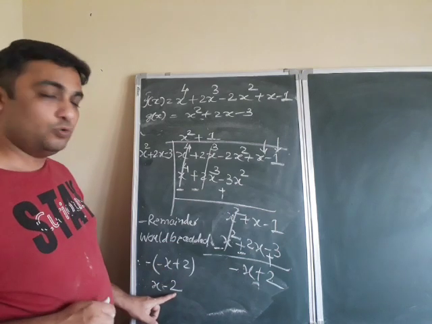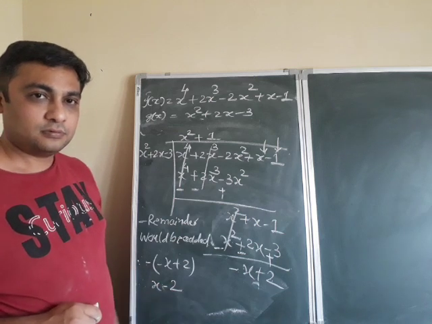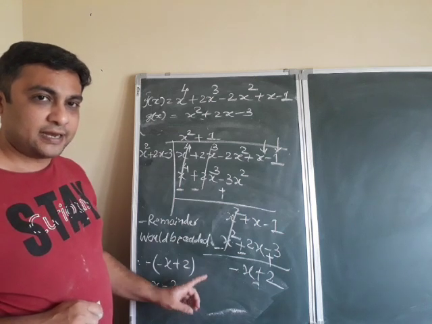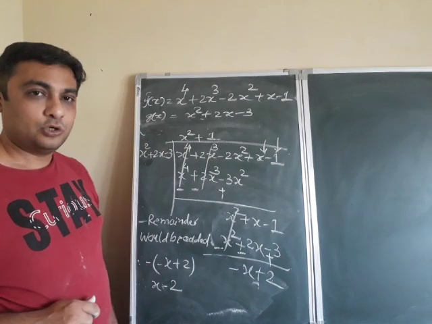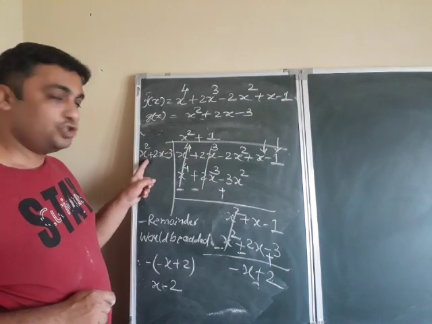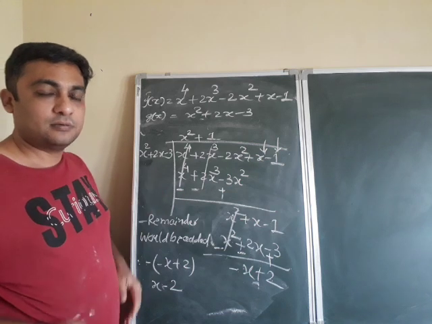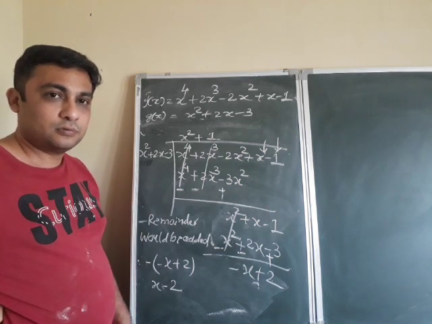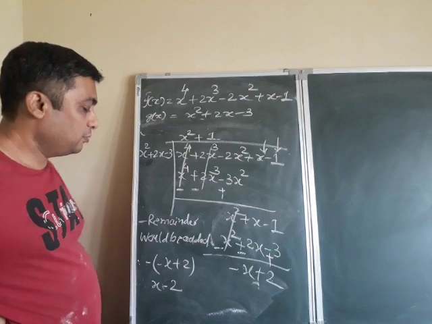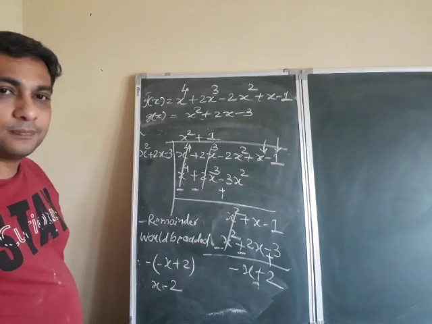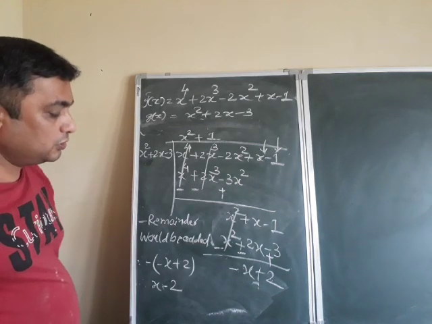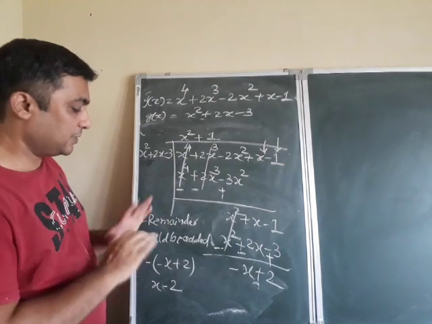X minus 2 is added in p of x to make g of x divisible. Okay, full stop. Over. Understood? So the example is over.